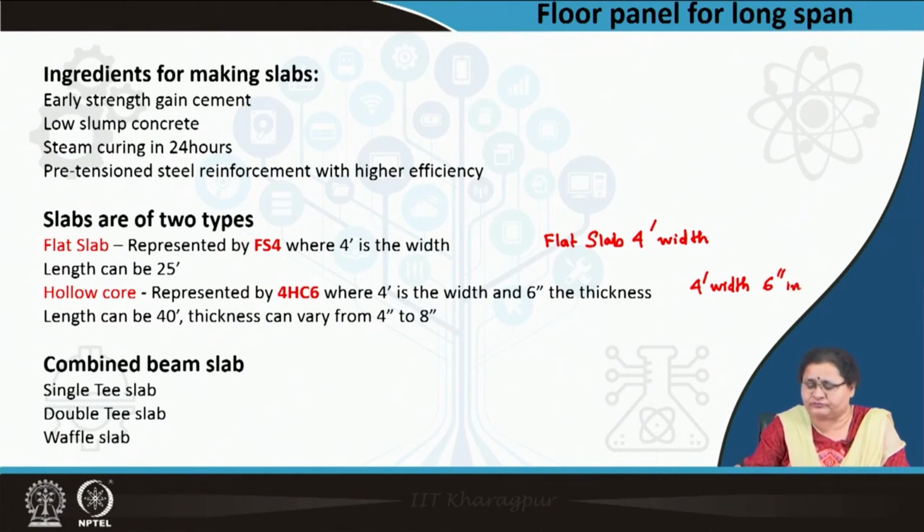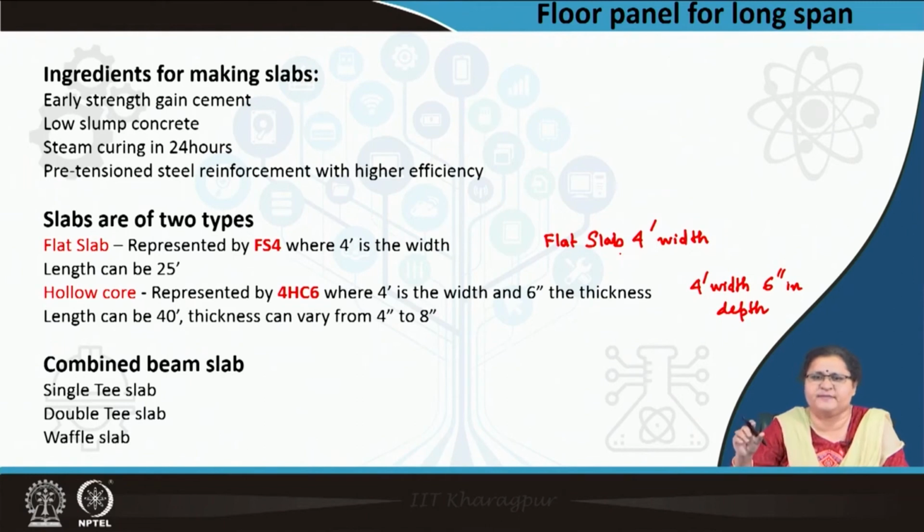So if you are referring to such code, you must remember that in flat slab it is ending with its width, whereas the hollow core slabs are beginning with the width and ending with the depth. So, these are now available up to a length of 40 feet and can vary up to a thickness of 200 millimeter.